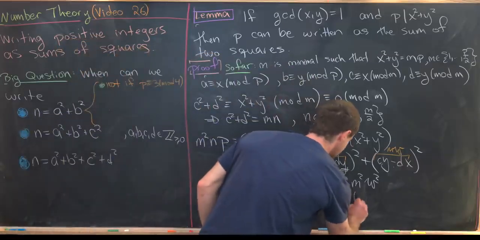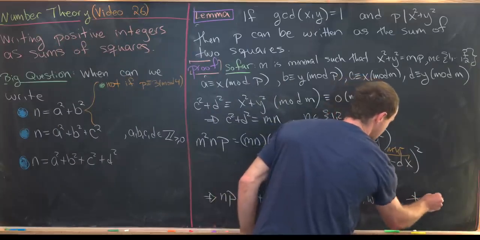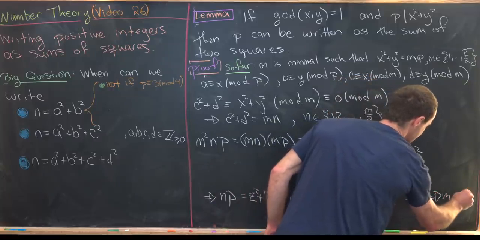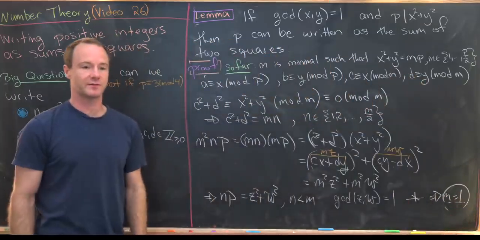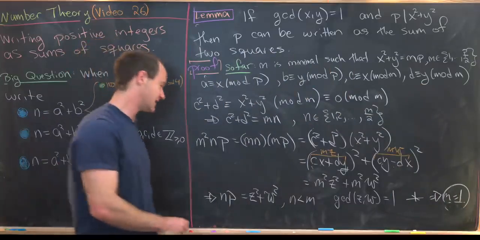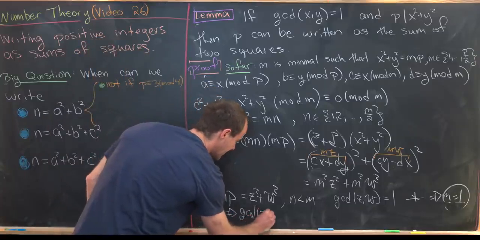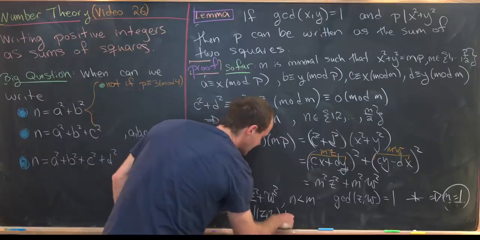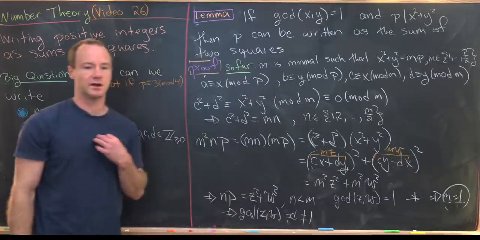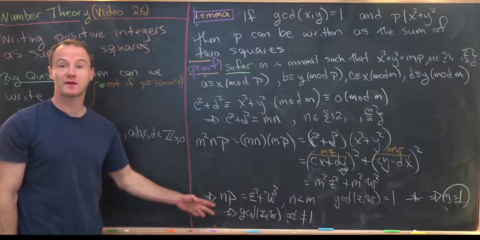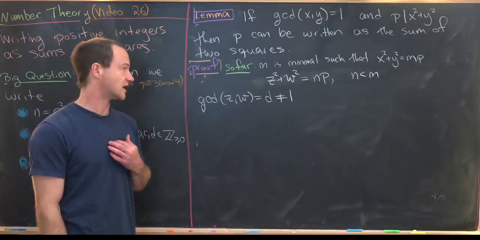So if GCD of z and w is 1, then we've reached a contradiction, which means that m was equal to 1, which is what we wanted to end up with. So that tells us that the GCD of z and w must be equal to d, which is not equal to 1. Okay, so we'll sort that case out on the next board. Okay, we're about ready to finish this off.